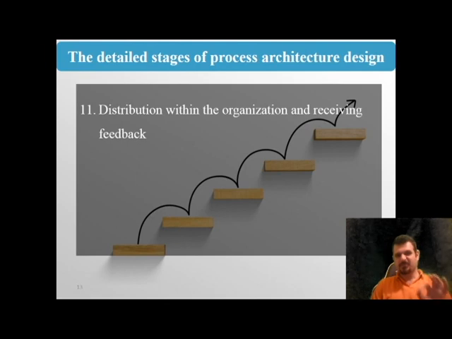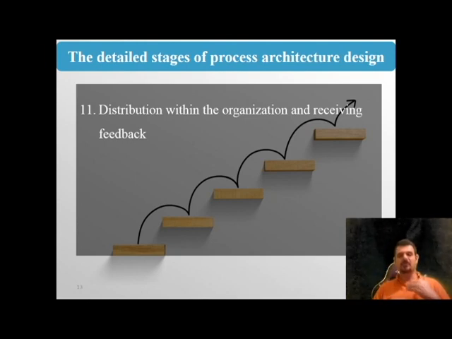Now, at the first, you should distribute version 0 of your process architecture to the whole of the organization. One point: in the previous step, we talked about each member of the committee in a private meeting.